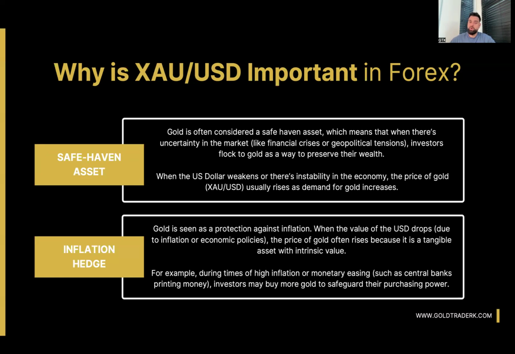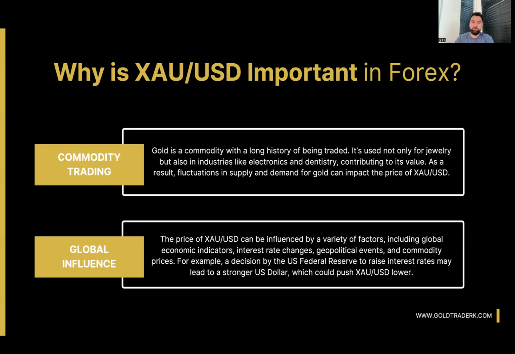Inflation hedge. Gold is seen as a protection against inflation. When the value of USD drops due to inflation or economic policies, the price of gold often rises because it is a tangible asset with intrinsic value. For example, during times of high inflation or monetary easing, such as central banks printing money, investors may buy more gold to safeguard their purchasing power.